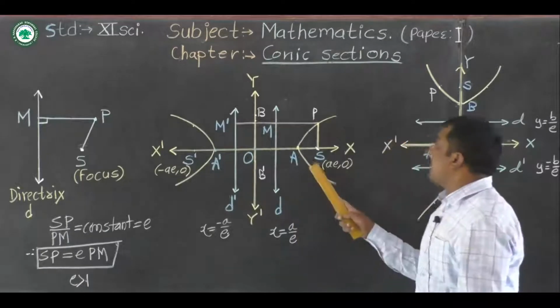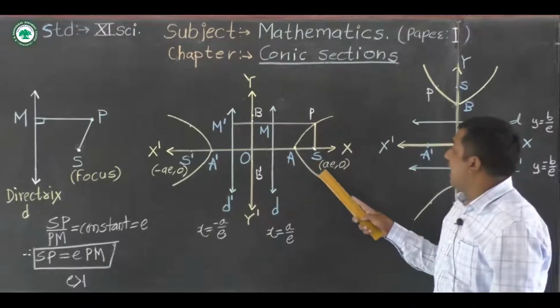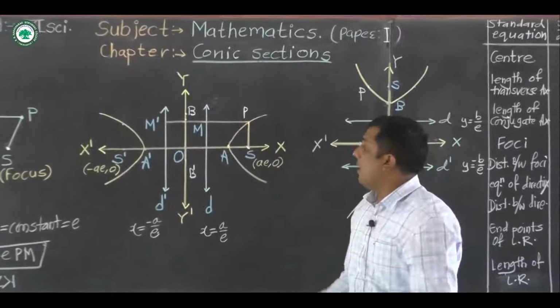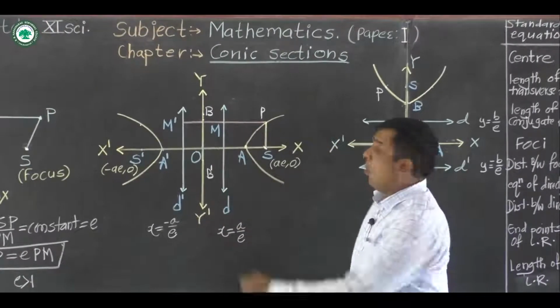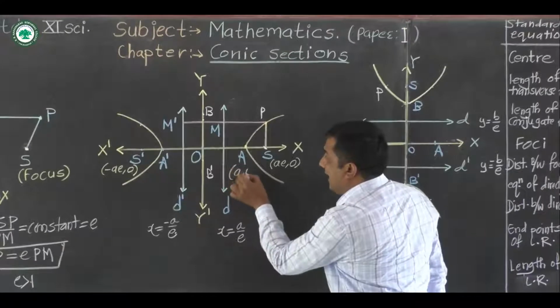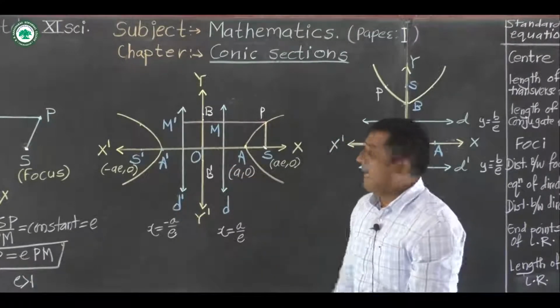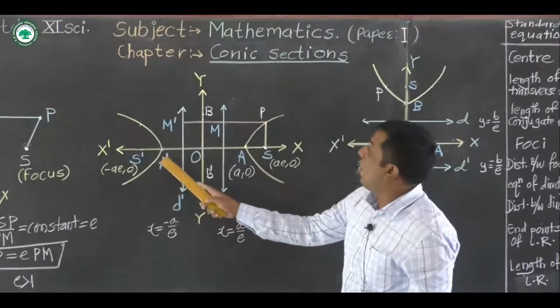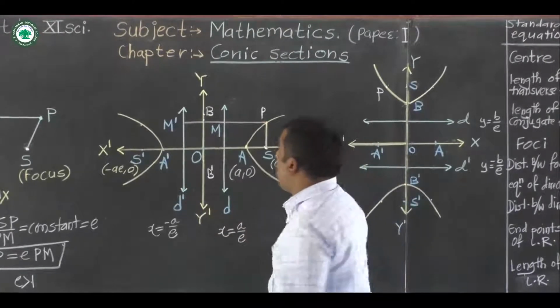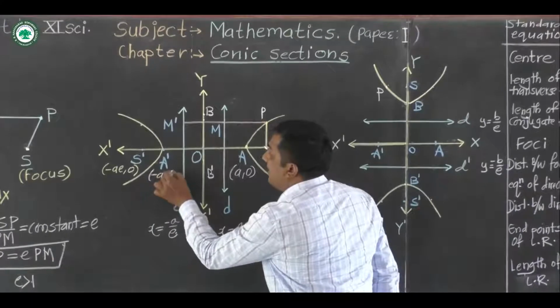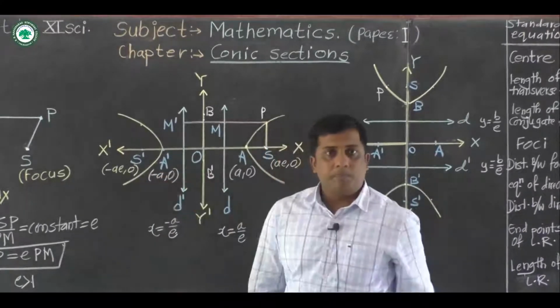Coordinates of S are (ae, 0). Firstly, remember we consider the distance OA as a, so the coordinates of A are (a, 0). Then for A dash, the distance OA dash is a again, so the coordinates of A dash are (minus a, 0).